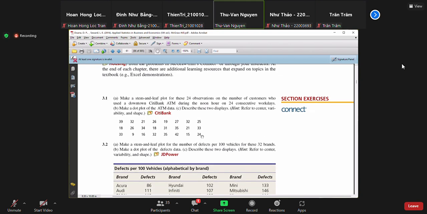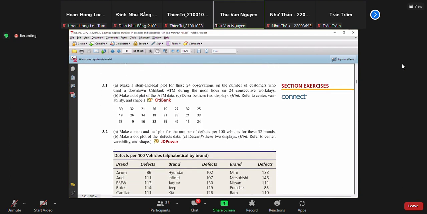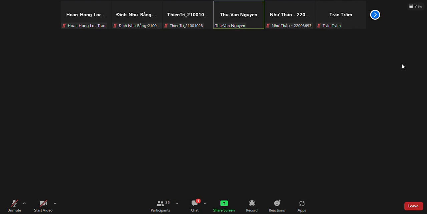Okay, so let's practice a little bit, students. Let's do number 3.1. First, make a stem and leaf plot and a dot plot for the 24 observations on the number of customers who use a Citibank ATM during the noon hours on 24 consecutive workdays. So here, how many observations do we have? 24 observations.